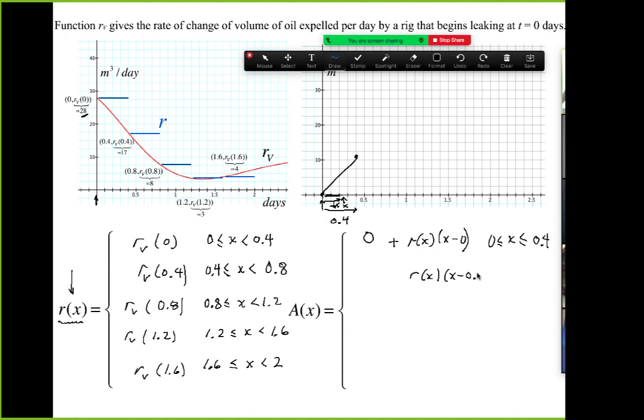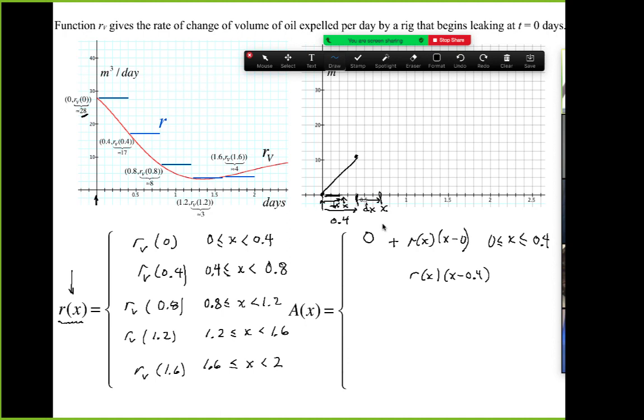So now we're in the second interval, so our change in x is going to be 0.4 to 0.8. No, but the dx, this dx that you said. So dx in the second interval, starting at 0.4, will be x minus 0.4, right? Dx is final minus initial, okay?